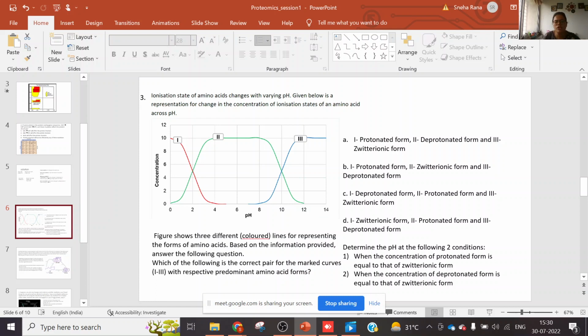And there is an additional question: determine the pH at which the following two conditions hold. First, when the concentration of protonated form is equal to that of zwitterionic form, and second, when the concentration of deprotonated form is equal to that of zwitterionic form. Carefully observe this graph and try to think.